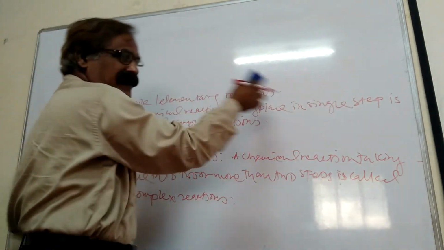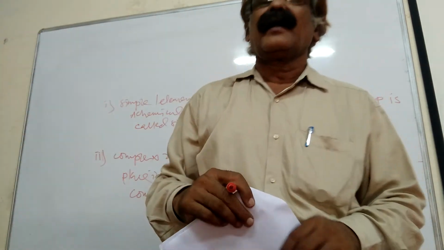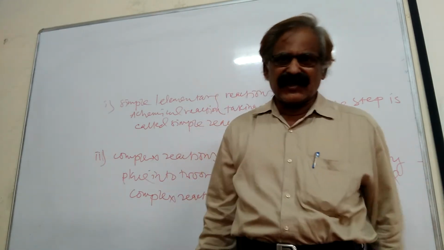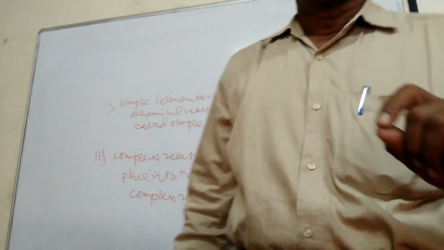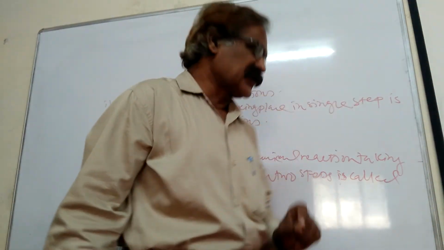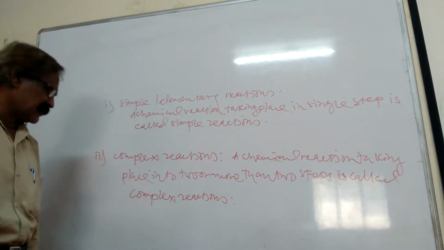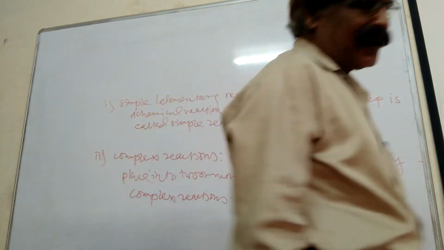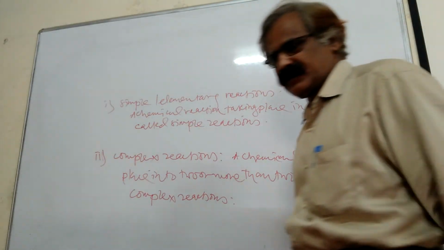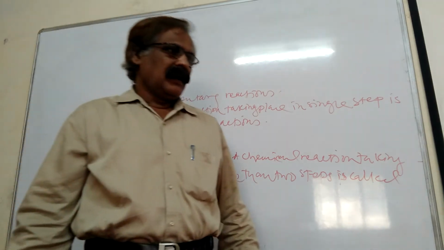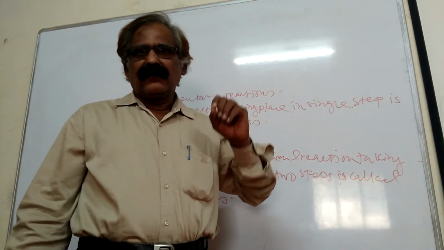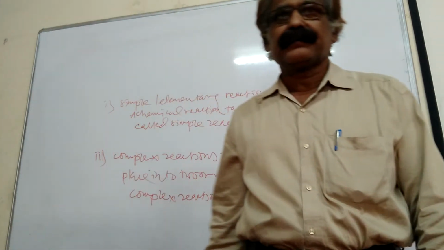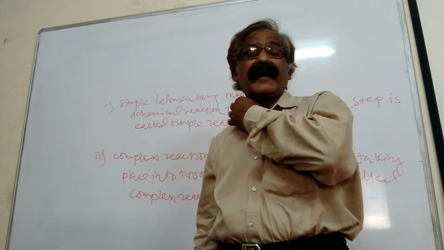Without going into the details of simple reactions, let us see what are complex reactions. The complex reactions, name itself indicates that the chemical reactions which take place in two or more than two steps are known as complex reactions. And for your information, most of the chemical reactions are complex reactions.